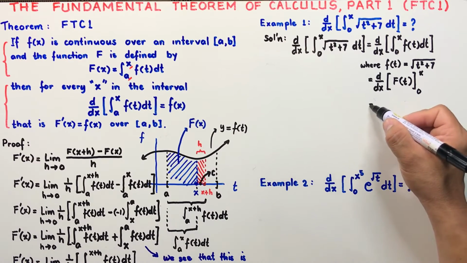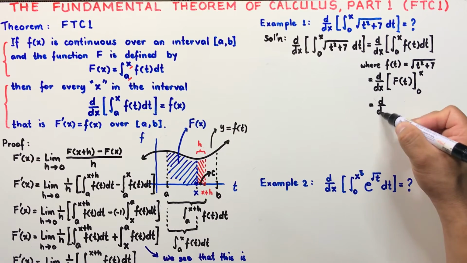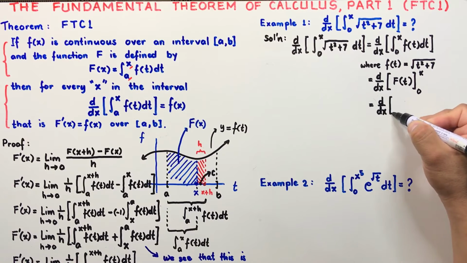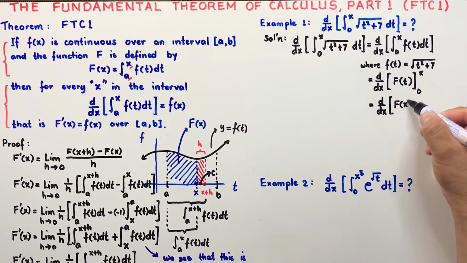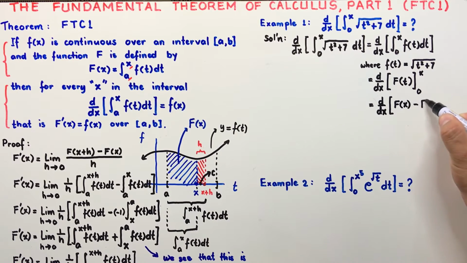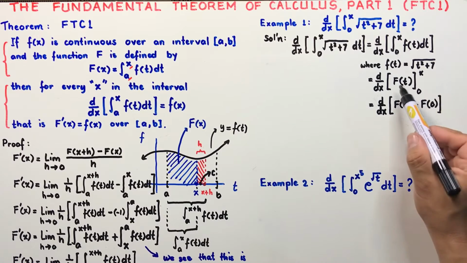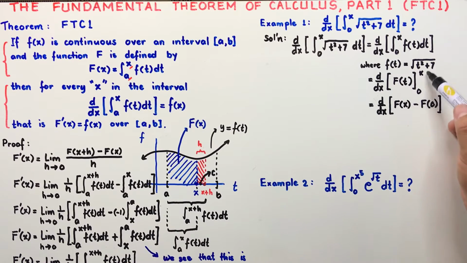So evaluating this one from 0 to x is big F of x minus big F of 0. So we just evaluate this big F by these limits here.